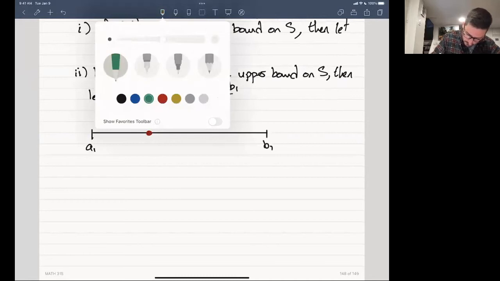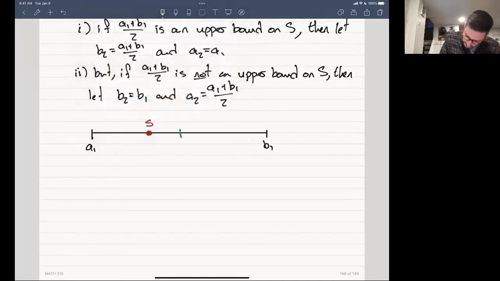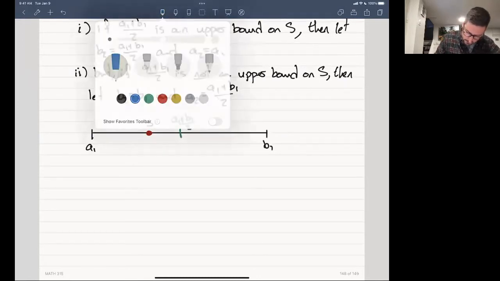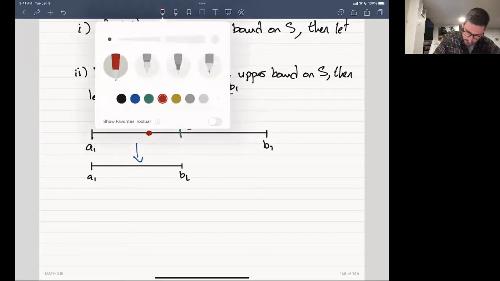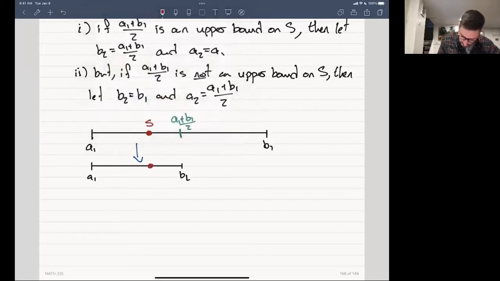Let's just say S lies right here. And what you can see is my midpoint should be approximately around here. So then the next step is going to choose that half interval that has B2 as its endpoint, which is the old midpoint. So this gives me B2, this gives me A1, and now you can see that you have S lying inside of this.